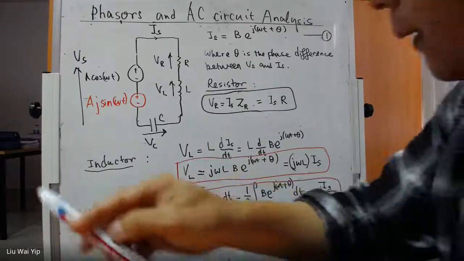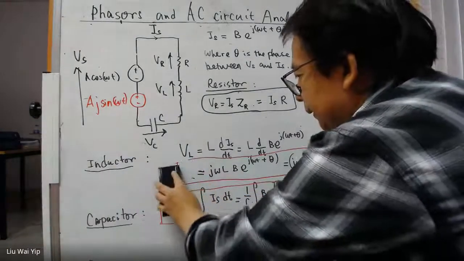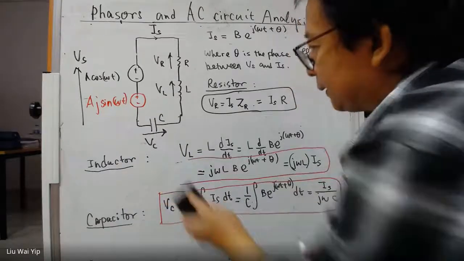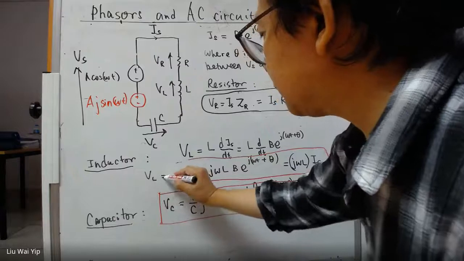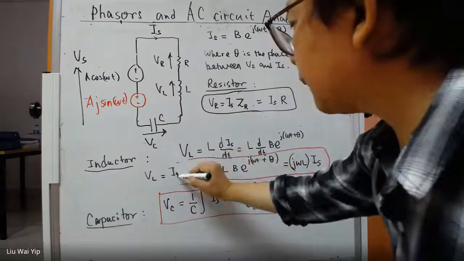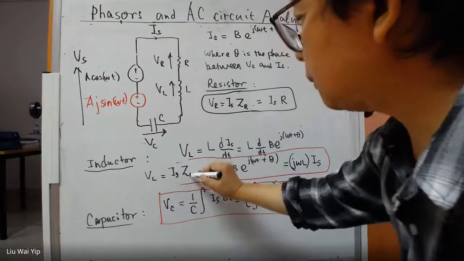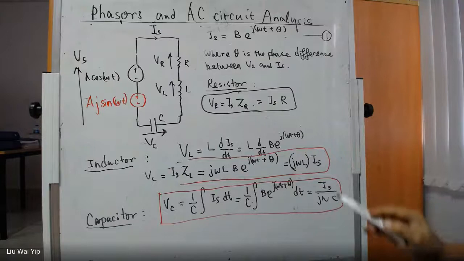And here we are going to do something similar. The voltage across the inductor is going to be IS, and then ZL. ZL is the inductive impedance.